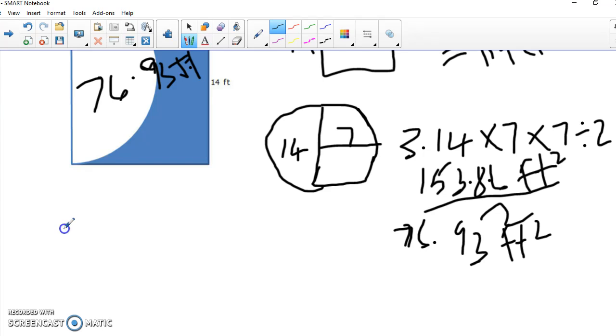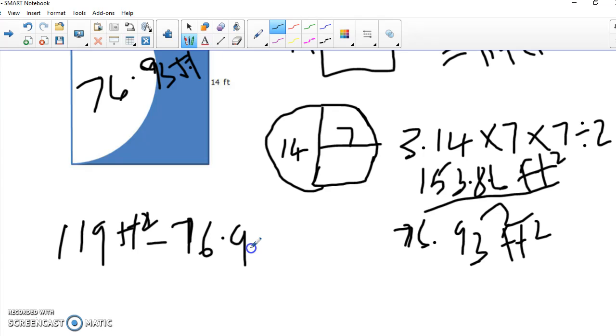So we subtract 119 feet squared minus 76.93 feet squared. Have fun doing this.